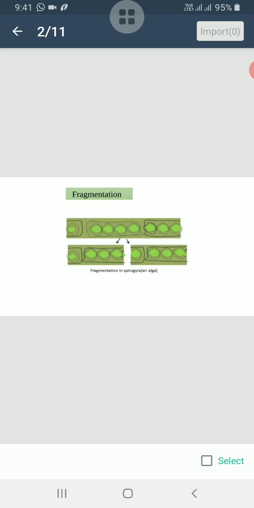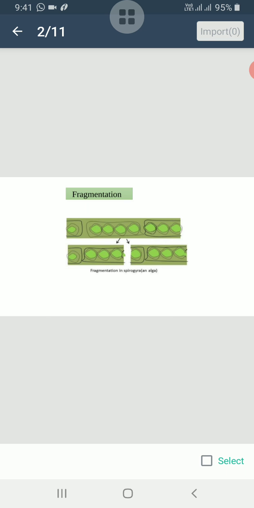First of all, we will discuss fragmentation. In fragmentation, the body of the parent breaks into distinct pieces, each of which can produce an offspring. In the slimy green algae you can see growing in stagnant water, reproduction occurs by the process of fragmentation.